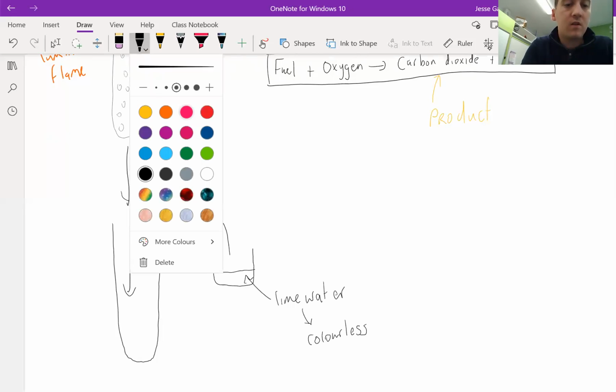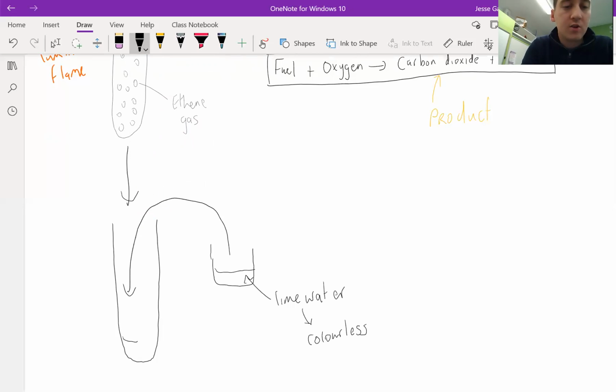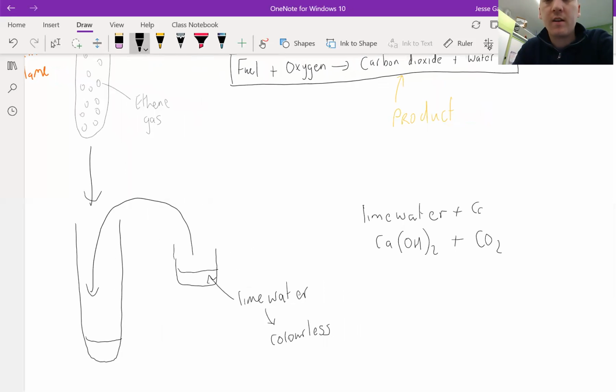So we put our lime water into our tube. It was colorless, but when it mixes with carbon dioxide, it changes. Lime water has this formula, CaOH2, calcium hydroxide. So CaOH2 plus CO2, lime water plus carbon dioxide.